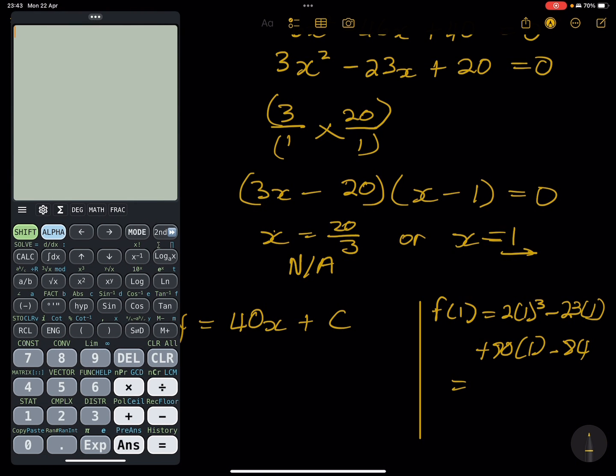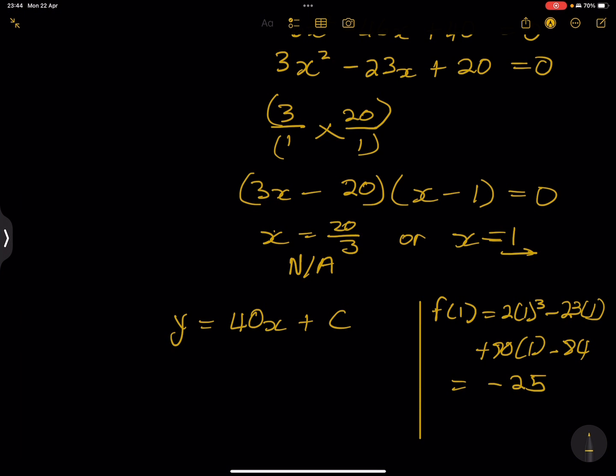So that would be 2 minus 23 plus 80 minus 84. That gives us negative 25. So we know when x is 1, y is negative 25.